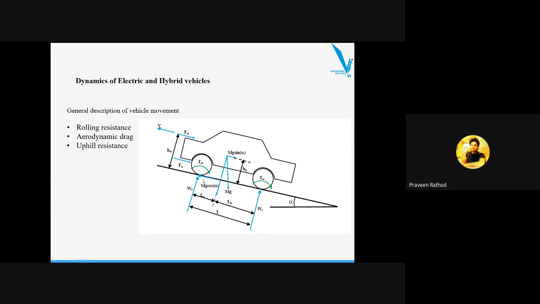So it depends on the type of vehicle, whether it is a front wheel drive, a rear wheel drive, or an all wheel drive. Okay, it depends on the tractive force which will be generated on the vehicle. If it is all wheel drive, we can consider it on both the tires. In general, whenever we are writing the equations, we will consider the tractive force for the front tire as well as for the rear tire.